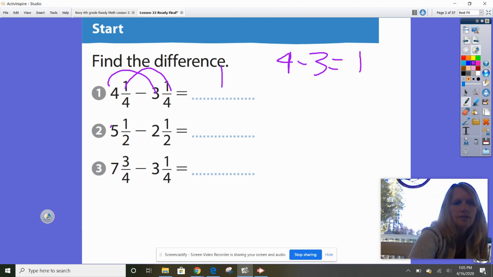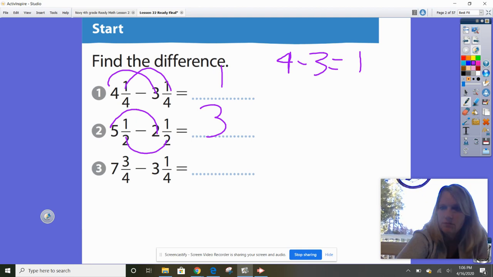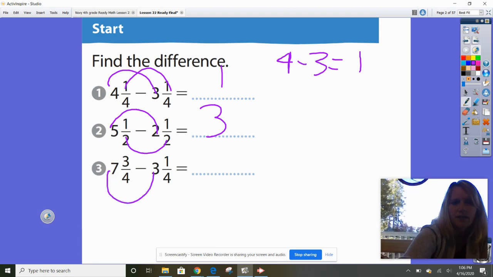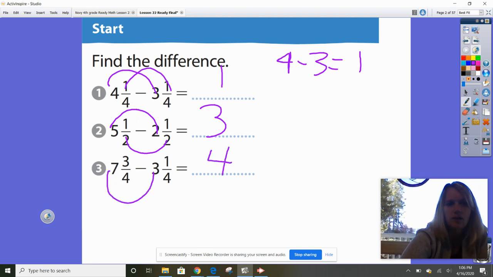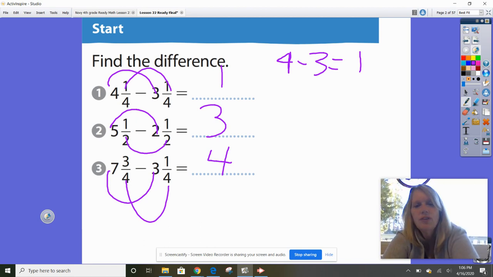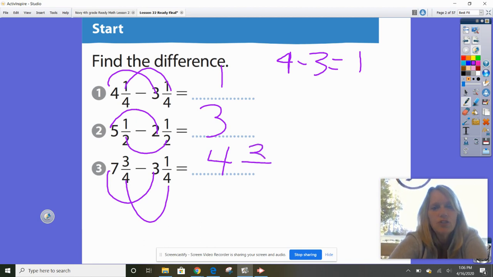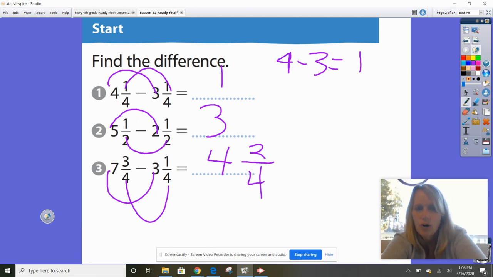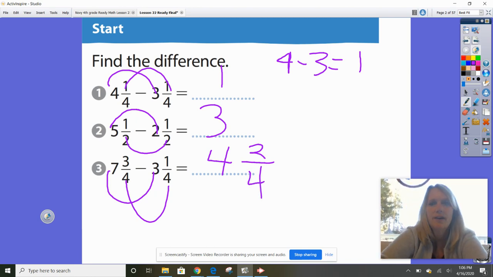On the second one, 5 minus 2, 3. 1/2 minus 1/2, nothing. Then on the third one, I'm going to do it the same way. 7 minus 3 is 4. Now here we have 3/4 minus 1/4 leaves me with 2/4. Or you could say 4 1/2 or 4.5. Those are all correct. So hopefully we agree for the warm-up.